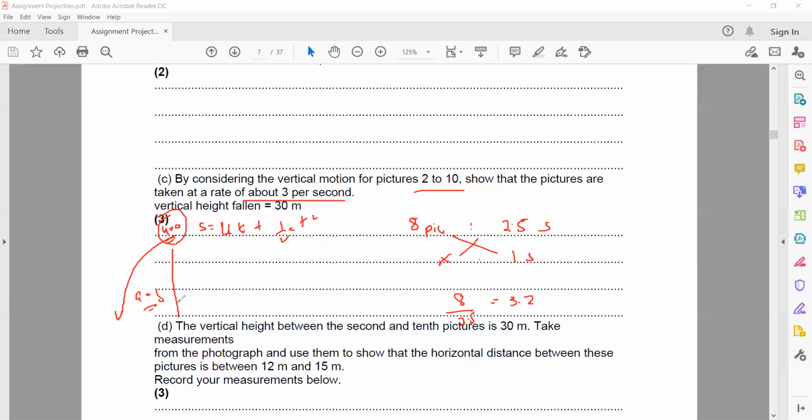And the vertical height was given as 30 meters. So using this, we worked out the time it will take to fall. And after knowing the time, and knowing how many pictures, the total pictures divided by the time interval, we will get how many pictures are taken per second.